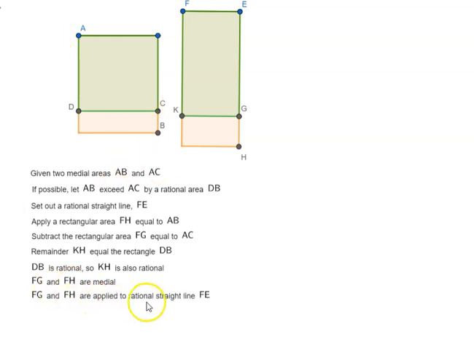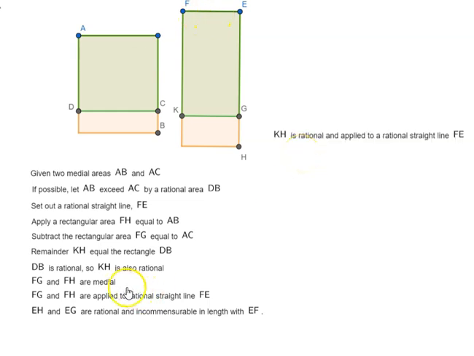FG and FH are applied to rational straight line FE. This is a rational straight line. So EH and EG are rational and incommensurable in length with EF. So EG, EH are incommensurable with FE.